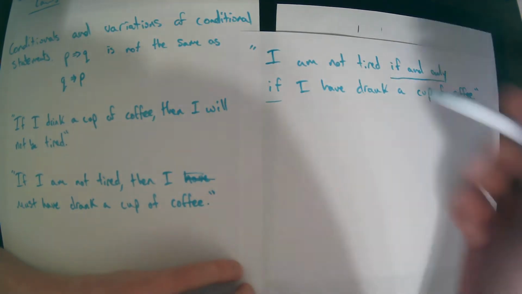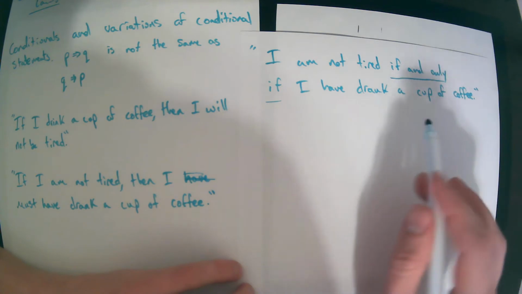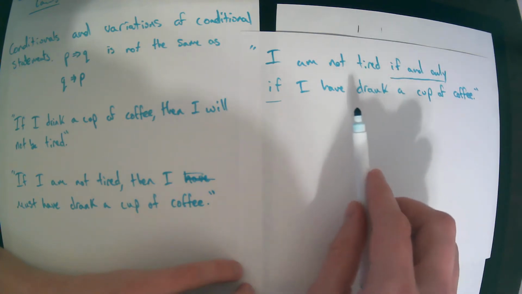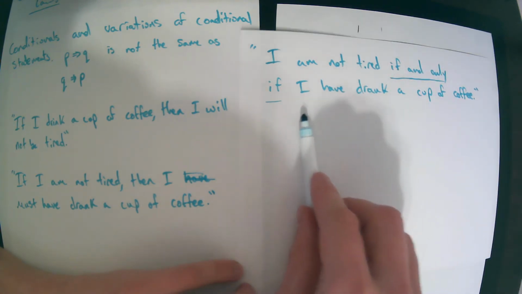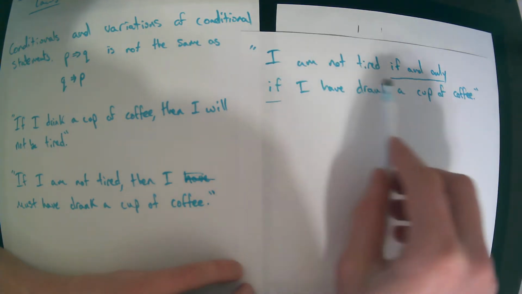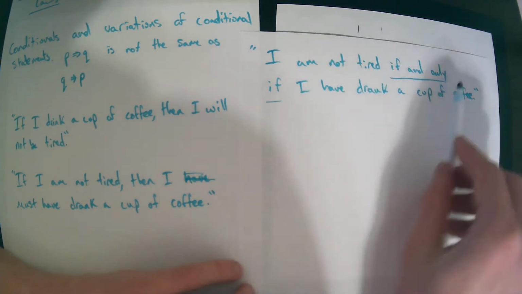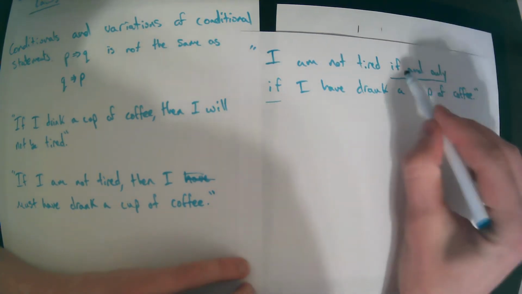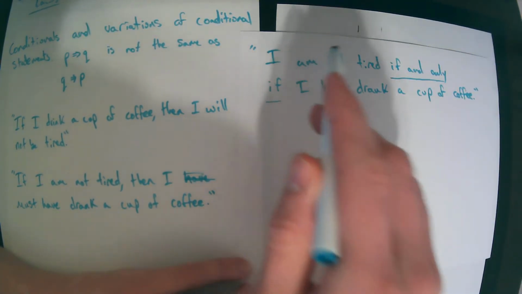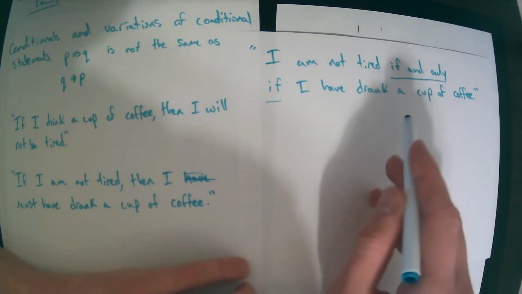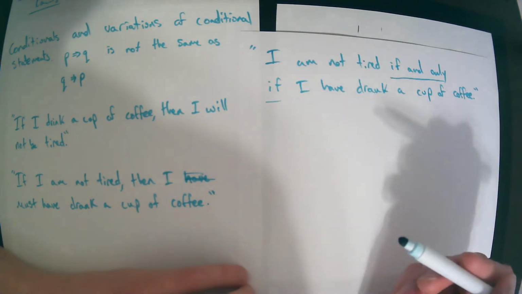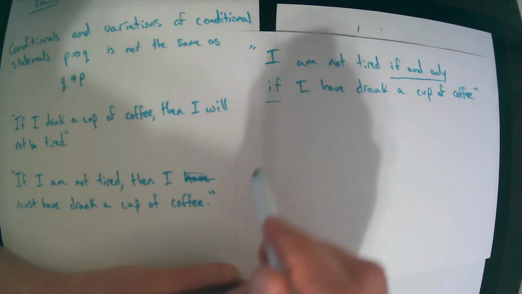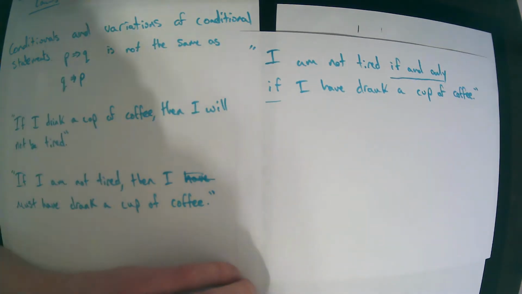And in fact, it says the other way too: if I drink a cup of coffee, I am not tired, but also, if I am not tired, I have drank a cup of coffee. So we combine both of those statements by saying if and only if. This happens only if this happens, and this happens only if this happens. It's a much stronger statement than either of these by themselves.